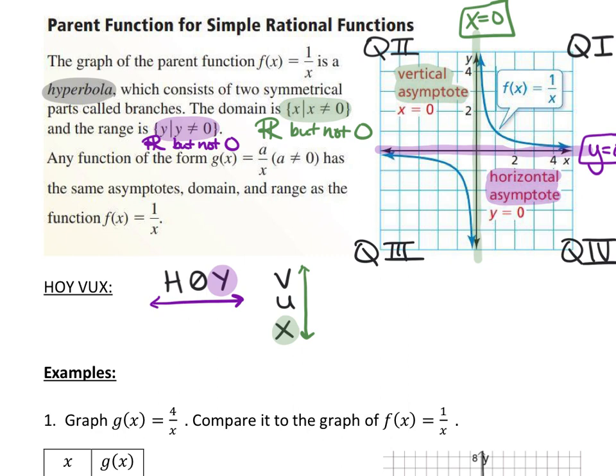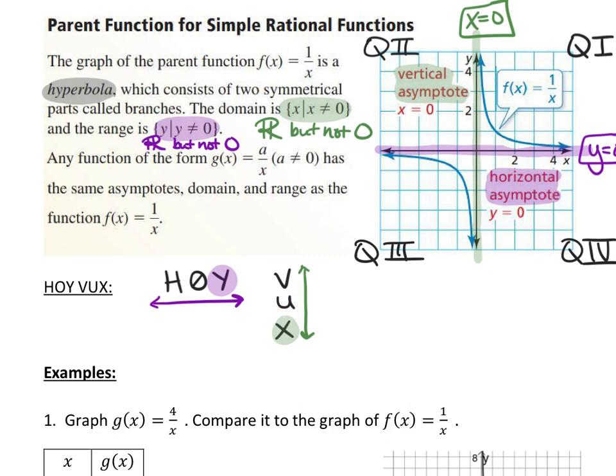Because if it's vertical, it's x equals. If it's horizontal, it's y equals. That make sense? Okay. What's the O? It's a 0. The slope is the middle letter, so in HOI it's 0, and in VUX it's undefined.